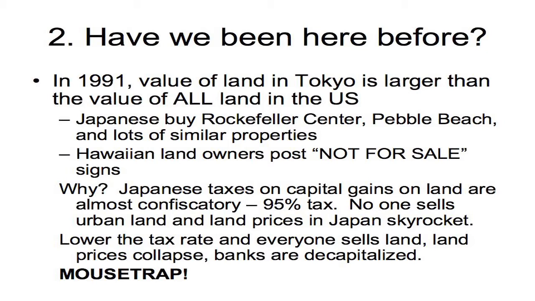Why were land values in Japan so high? Oh, a little mousetrap. The Japanese tax on capital gains on land was almost confiscatory. They had a 95% tax on capital gains from land. So nobody sold land. In fact, if you looked at Tokyo, they had a core of a few really tall skyscrapers.